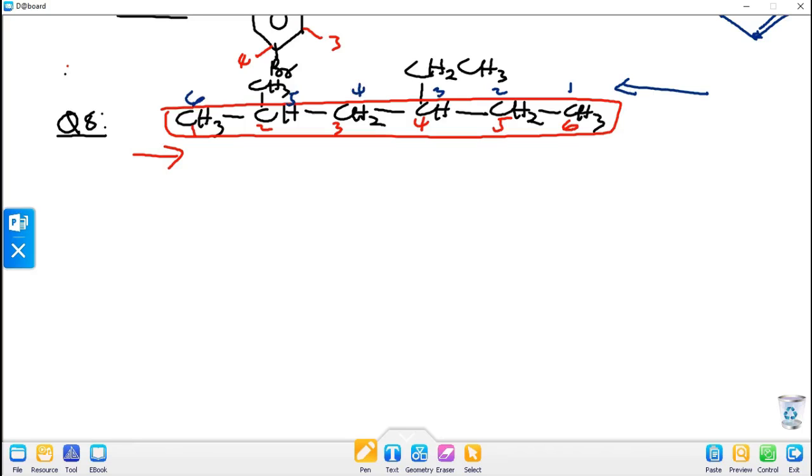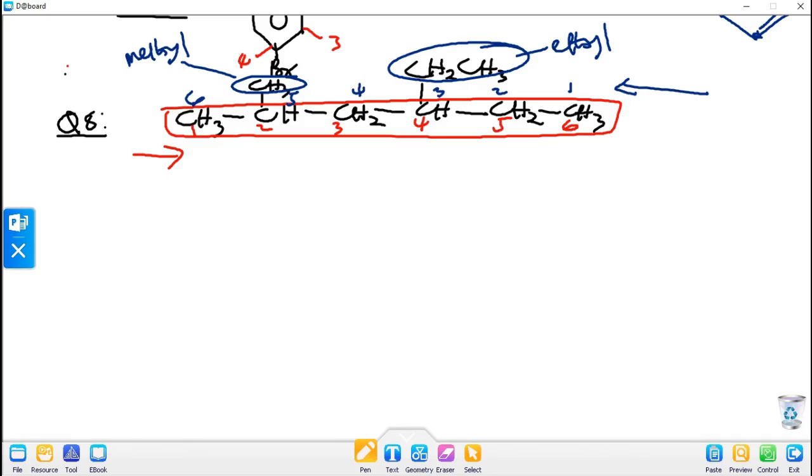So this is a side chain and this is another side chain. This is a methyl side chain, and this is an ethyl side chain. If we number from the right hand side, our ethyl side chain falls under carbon 3, while the methyl falls under carbon 5. If we take our numbering from the left hand side, our methyl will fall under carbon 2, while the ethyl falls under carbon 4.